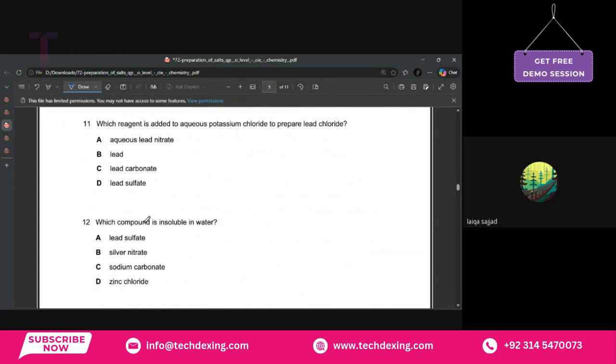Which one? A. Aqueous lead nitrate. Very good. And why are options B, C, and D not correct? Because they're all insoluble, and they do not work with precipitation. Very good, excellent.